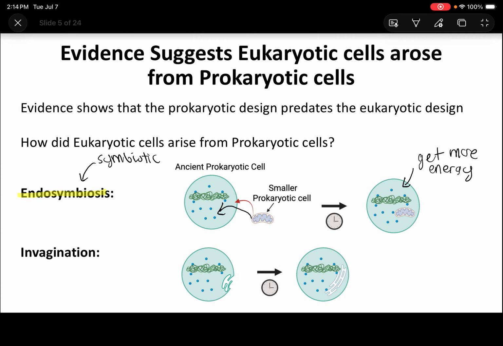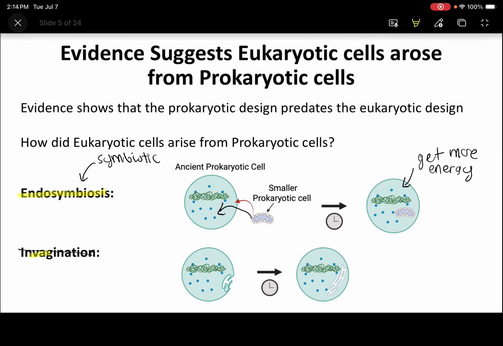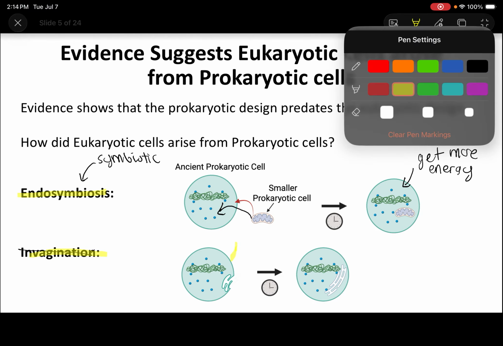Another theory is something called invagination. So all of our cells are surrounded by a membrane, right, that's made up of phospholipids.